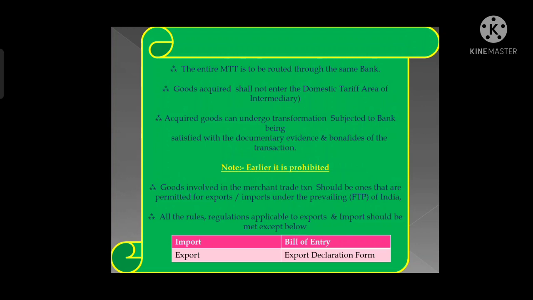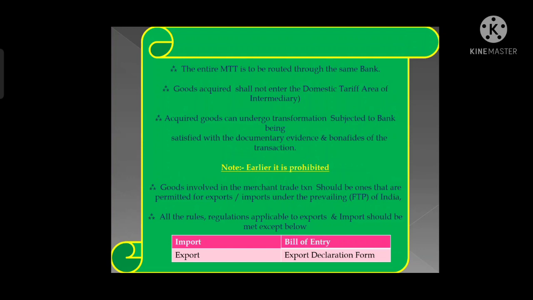After that, the merchant and the bank must ensure that the goods acquired under merchanting trade are permitted as per the import and export policy or the FTP. Under merchanting trade, the merchant can only deal with goods permitted under the foreign trade policy of India, right?